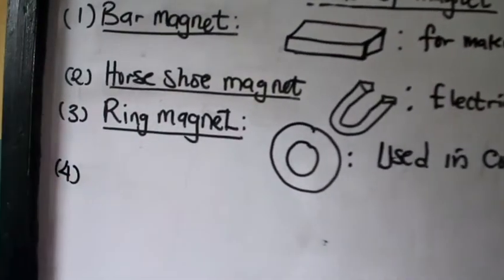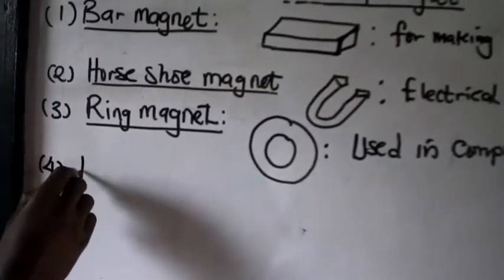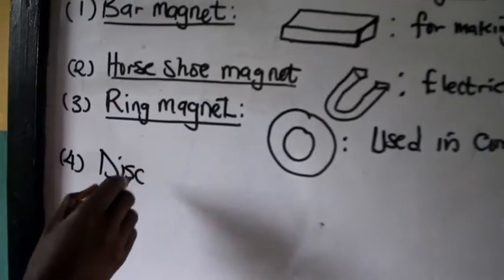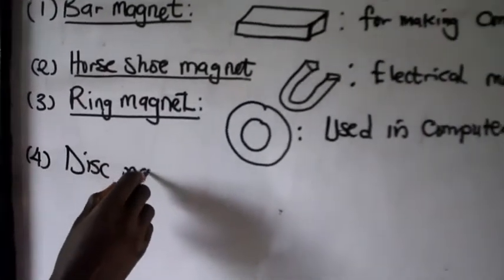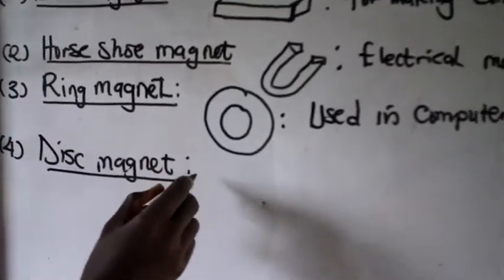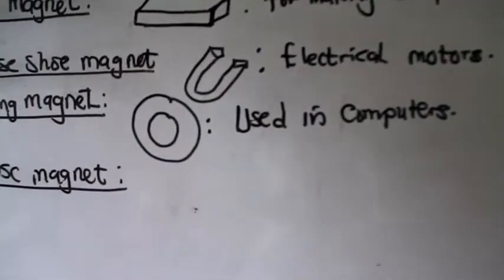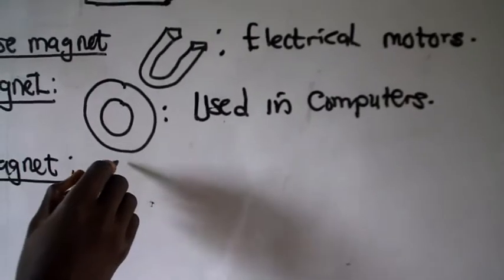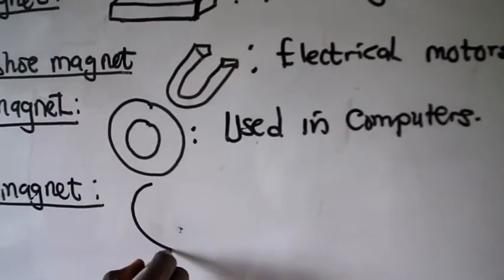We have another kind of magnet here, the disc magnet. How does it look? Like a disc, somewhat like a ring magnet.